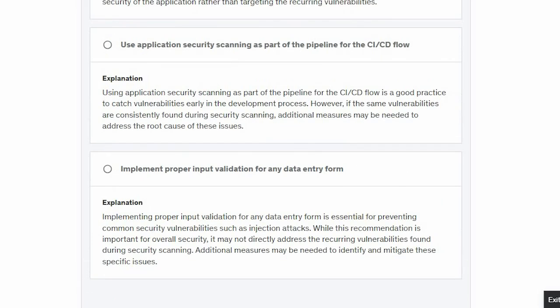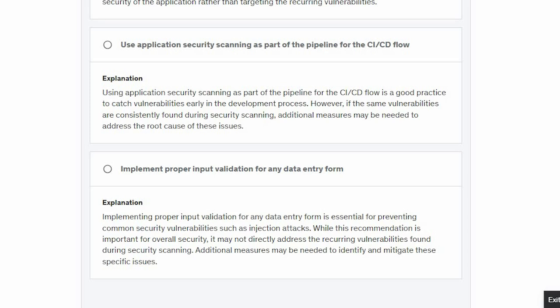Answer number 3. Use application security scanning as part of the pipeline for the CI/CD flow. Using application security scanning as part of the pipeline for the CI/CD flow is a good practice to catch vulnerabilities early in the development process.